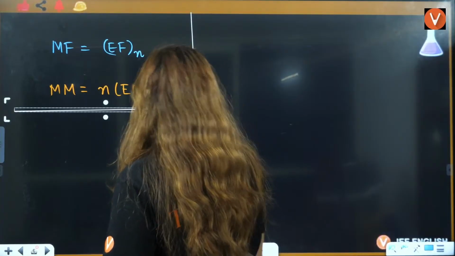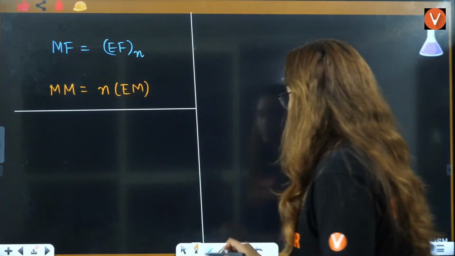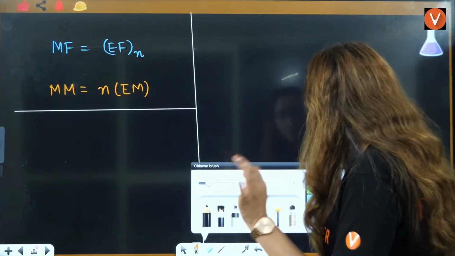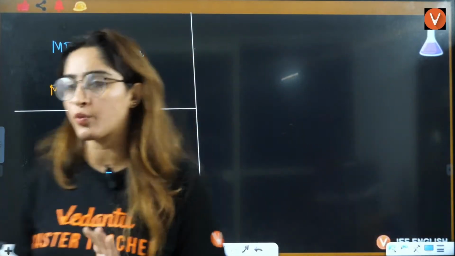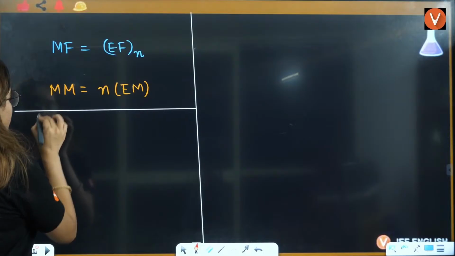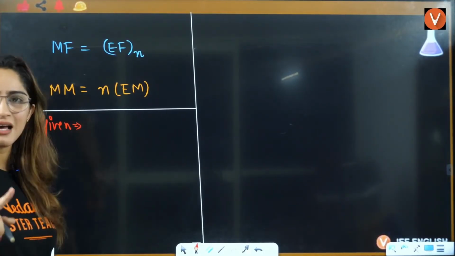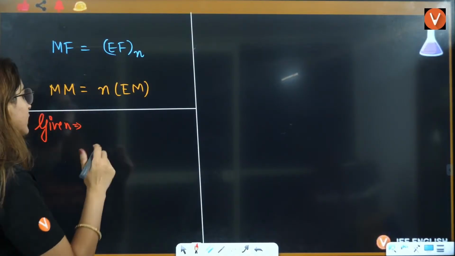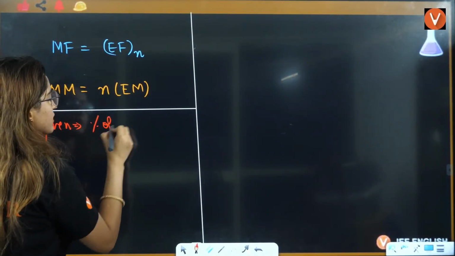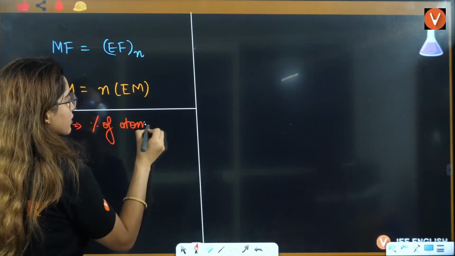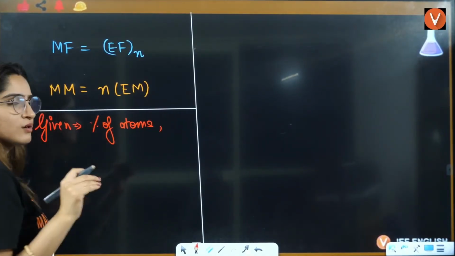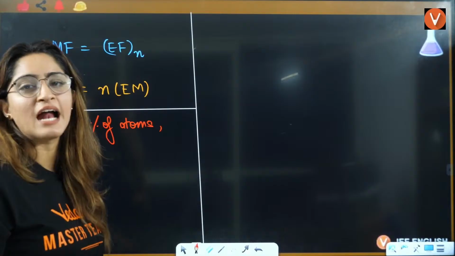Now, what will be given in most of the cases in the question? If they are asking you the molecular formula, they will give you percentages of atoms. Always you will see this in all questions, this is a standard kind of question.